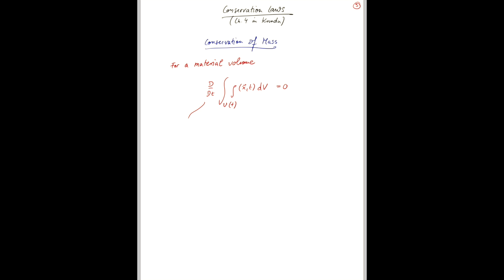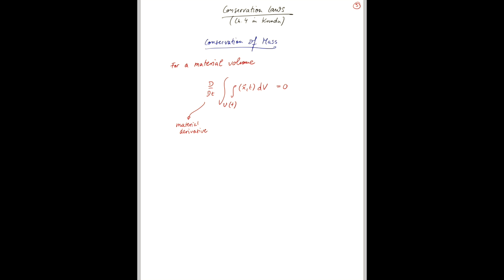And so this is the material derivative, meaning that as this fluid element V of volume V flows with the flow field, that's what material volume means, the number of particles in it are conserved.